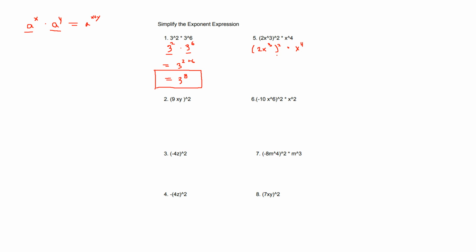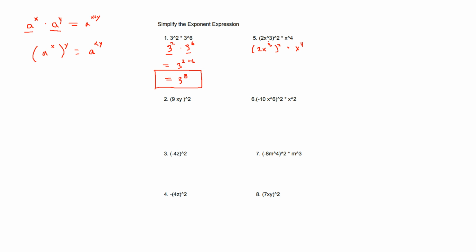So to do this problem, you need to know this, but you also need to know one more. And it looks like this. So it's not that bad. If you have an exponent and you're raising it to the power of something like y, then you just multiply these two exponents together. So for number 5 here, you're squaring this whole quantity.